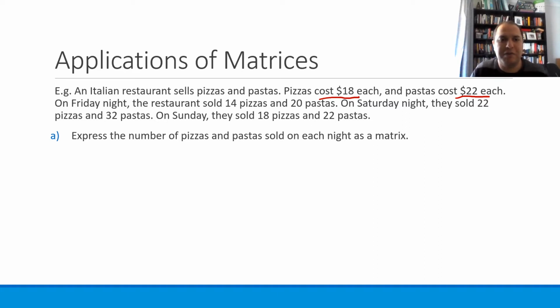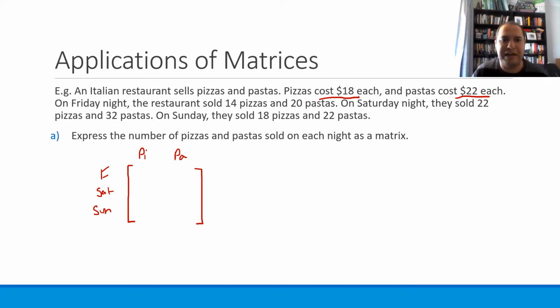What we're going to do is create a 3 by 2 matrix. I might make the first column pizza, the second column pasta, and then we'll have Friday, Saturday, and Sunday night down the side. I can put my data straight into my matrix where the rows and columns line up.